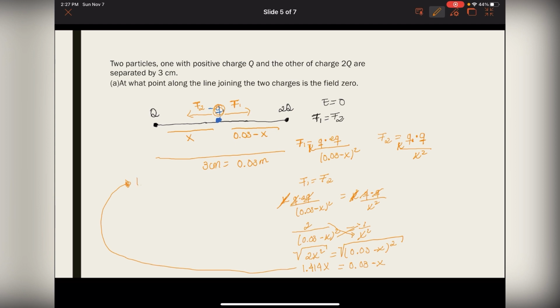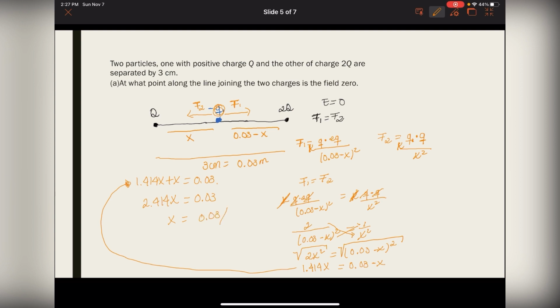So 1.414x plus x equals 0.03. So now we have 2.414x equals 0.03.